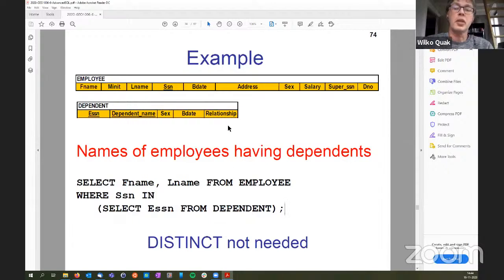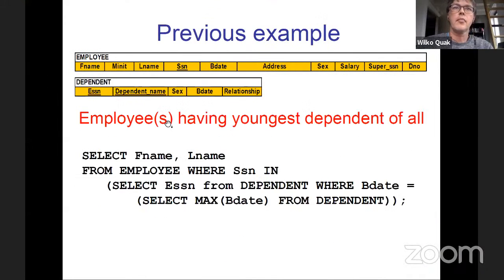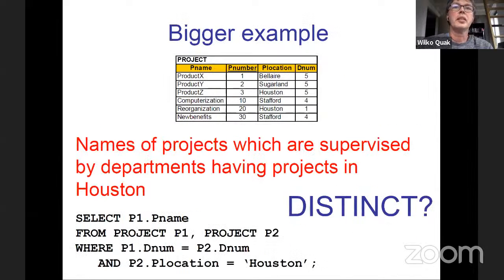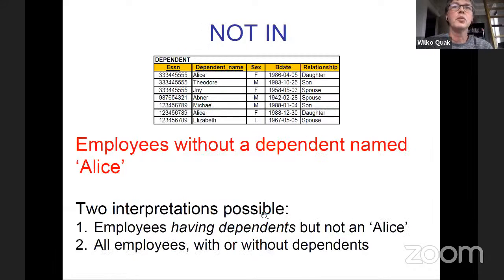So now you know what in is and how you can use it. And you can use it in all kinds of different ways. And the opposite of in is not in. Where the value is not in the list, also useful.